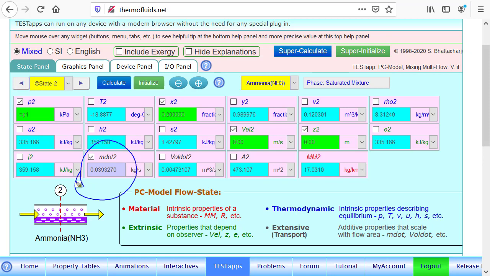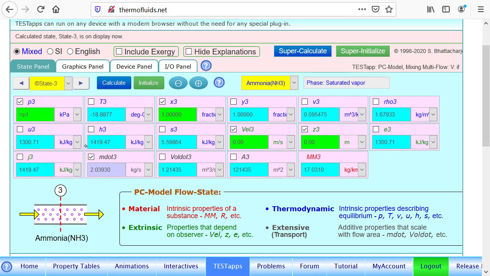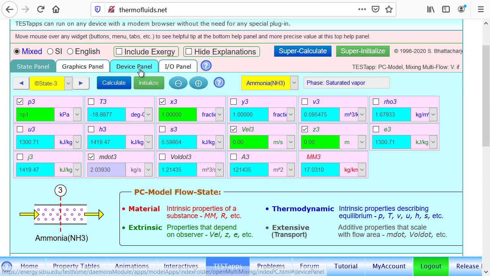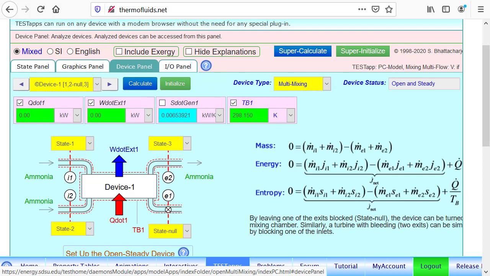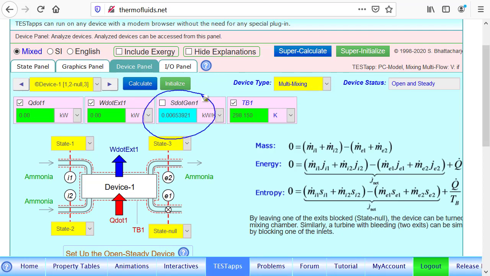That was one of the desired unknowns of the problem. And state 3, of course, will be m dot 1 plus m dot 2, evaluated and posted here. And if you go to the device panel, you can see that the entropy generation for the universe is also posted. So essentially the problem is solved.